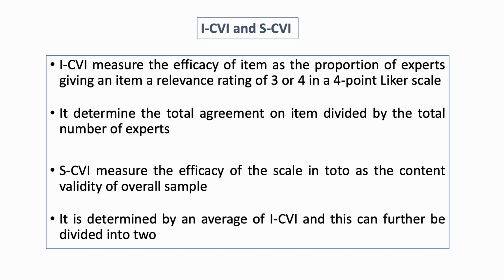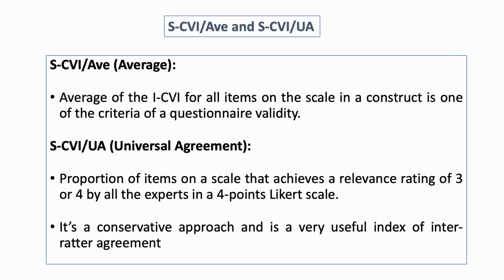So the average of the overall sample determines the SCVI, which is further divided into 2. The SCVI average is the average of the ICVI for all the items in the scale in a construct, and it is one of the criteria of questionnaire validity.